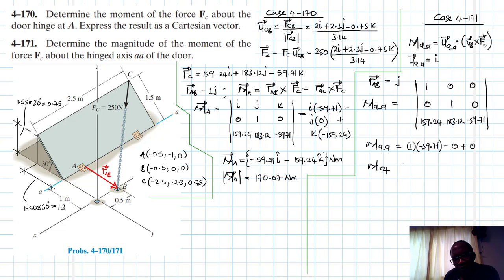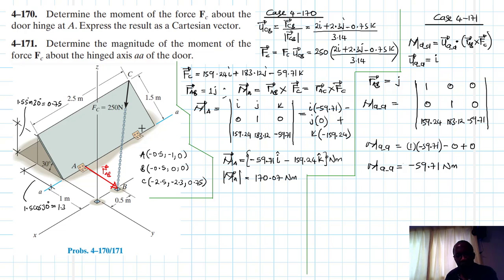And then M dash A is just going to be equal to minus 59.71 Newton meters. The negative just shows that the moment is in this direction, using the right hand thumb rule. It's in the opposite direction of the x-axis.